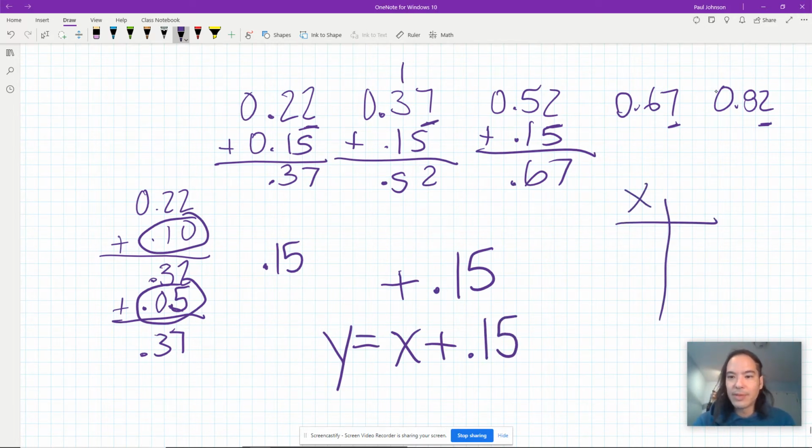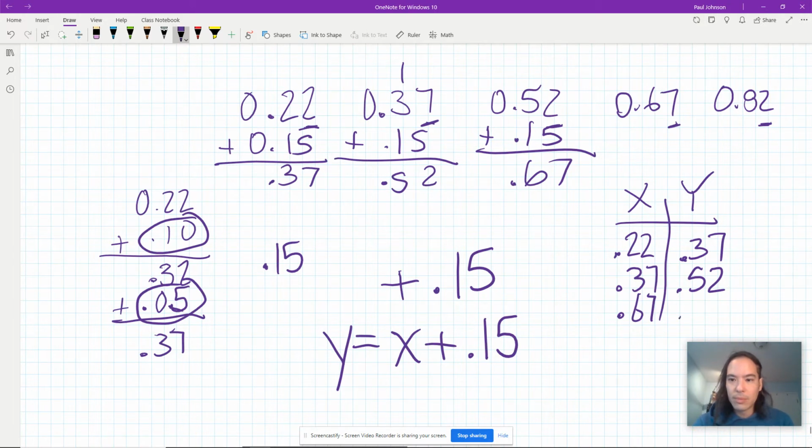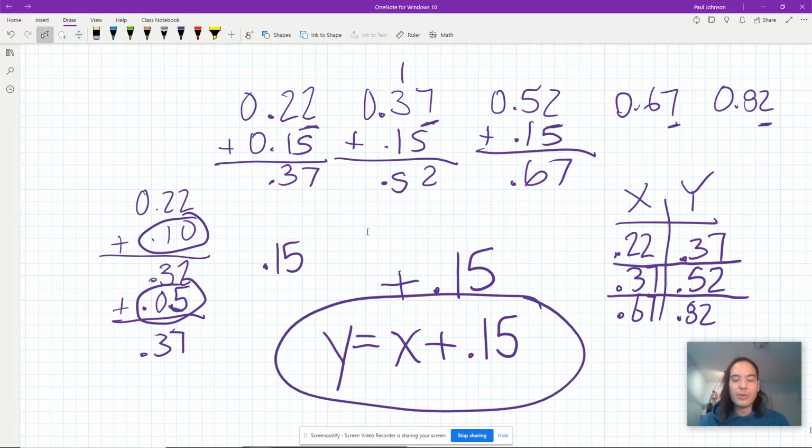Because we probably have something that looks more like this. So we would have an input-output table and we'd be trying to figure out what is happening each time. If you start with this number and end with this number, we are adding 15 hundredths each time. So there's a rule, y equals x plus 15 hundredths.